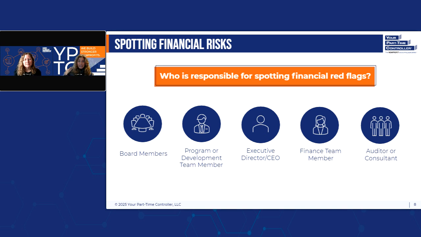As for the not-for-profit management team, which is three of the bubbles on our slide, you need to be aware of those potential financial red flags or warning signs to avoid financial distress. Again, regularly monitoring the financial statements helps identify those trends, red flags, and opportunities to mitigate in a timely manner.